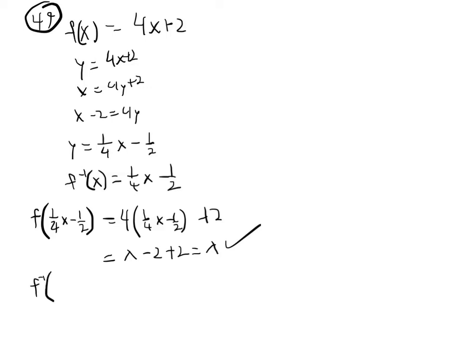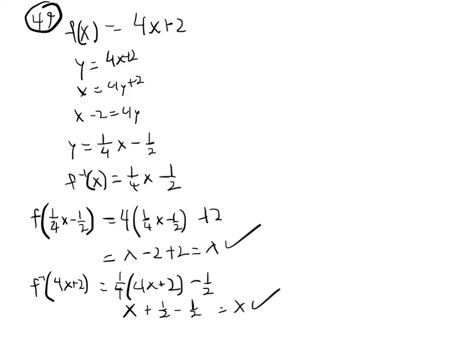F inverse of 4x plus 2 equals a fourth times 4x plus 2, minus a half. So we end up with x plus a half minus a half, which equals x. Check. So we've proven it. This is our check here.